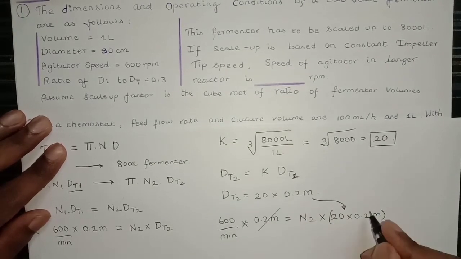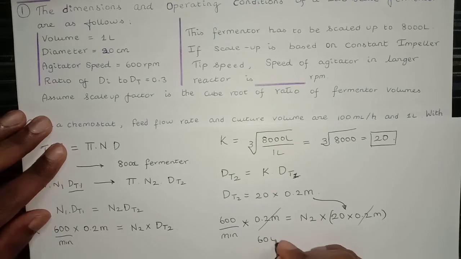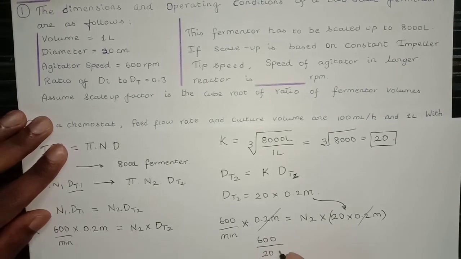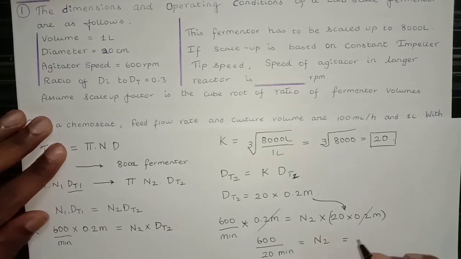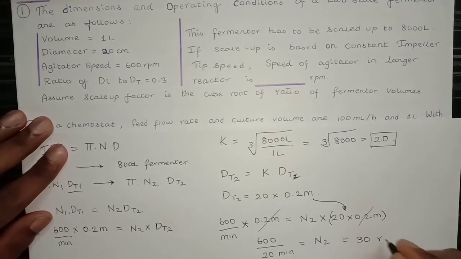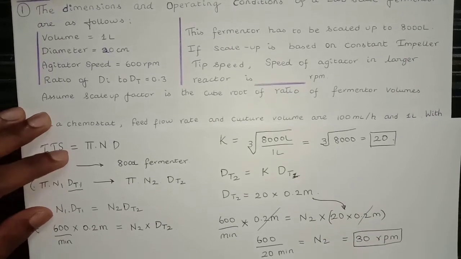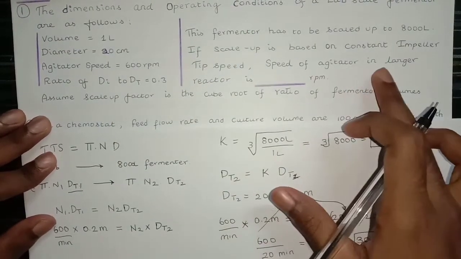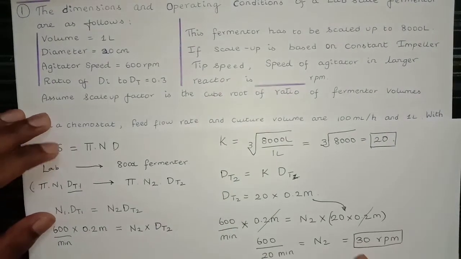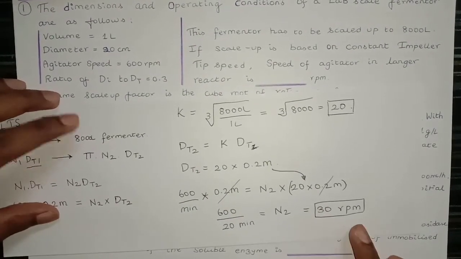So 0.2 gets cancelled off. Therefore 600 over 20 is equal to n2. The n2 value is 30 rpm. So the speed of agitator in the large reactor, which we found, is 30 rpm.